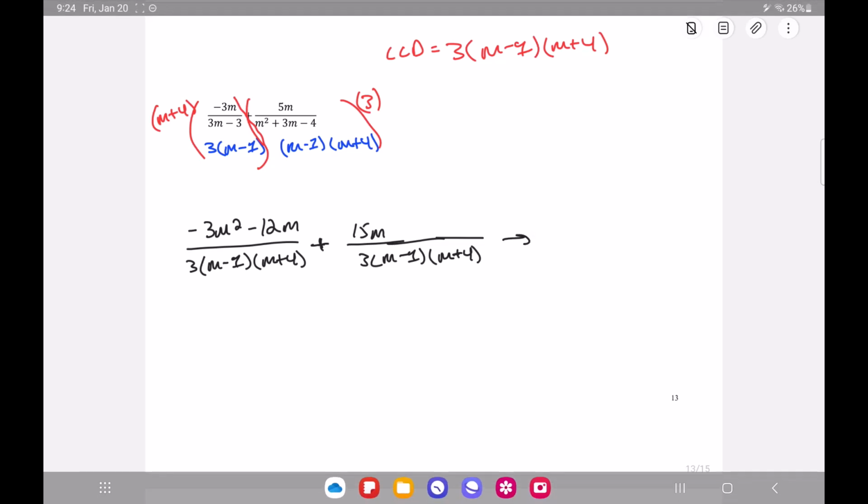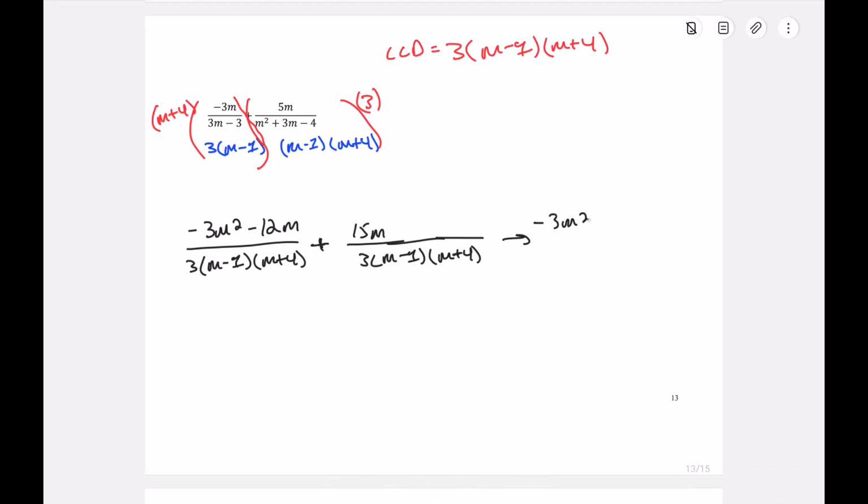We can rewrite it out. We would have a negative 3m squared minus 12m plus 15m all over our LCD. If we combine like terms, we would get a negative 3m squared plus 3m all over our LCD.